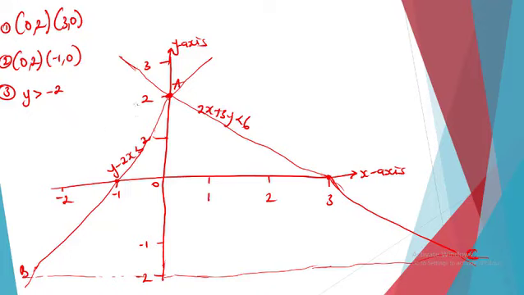Remember we are asked to find the area that satisfies these inequalities. The first one, we are given that 2x plus 3y is less than 6. This is 3, so they are not up to 6. Since it is less than, this is the part that satisfies the equation. You shade it.